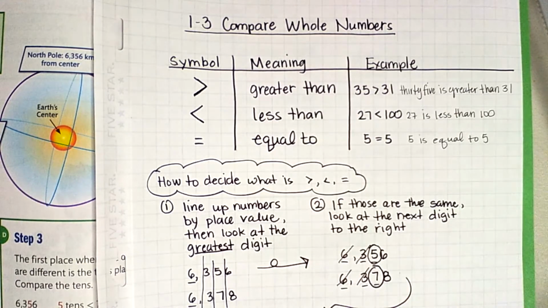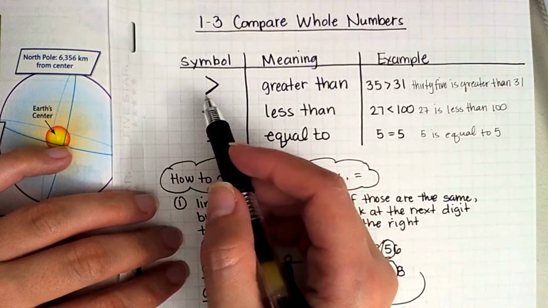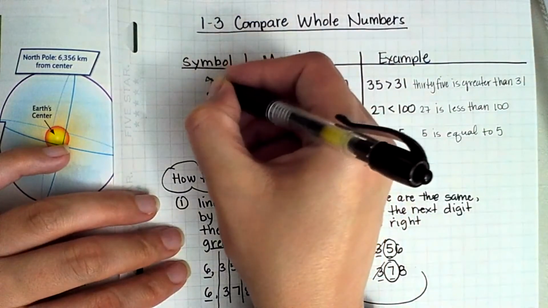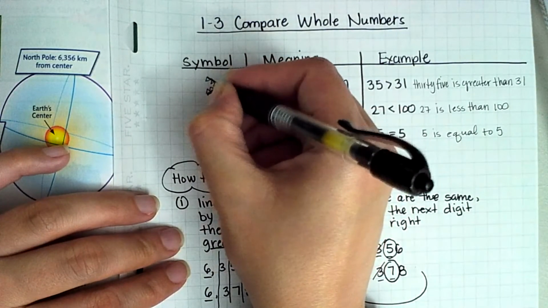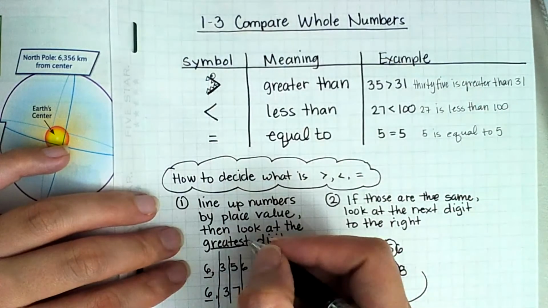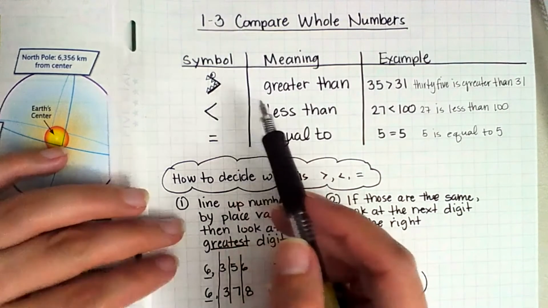So this symbol where the opening of the symbol is to the left, a lot of times an easy way to remember that is to think of it like an alligator's mouth, right? They want to eat the bigger number. So it's always going to be open to the bigger number.